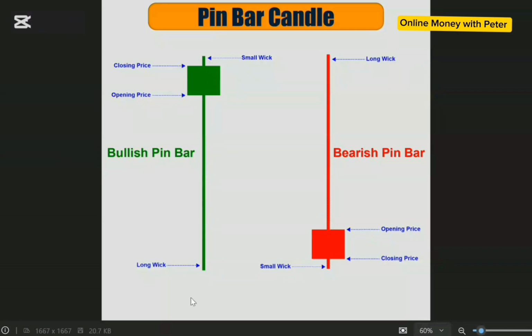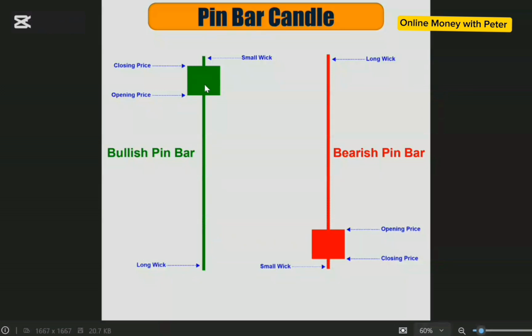The price was going up and down, and then it got to this long wick, the tip here. It was the sellers that pushed the price to this point. The sellers were so strong that they pushed the price to this point, and when it got to this price, the buyers came in with full strength and pushed the price up, and then it closed here.